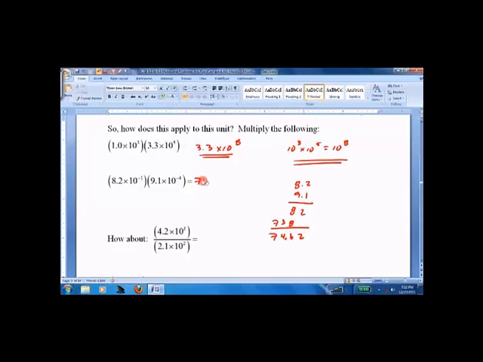So that's 74.62 times 10, add them to the negative 5th. Now, the decimal's not in the right spot, so we have to go to the left one. 7.462. And if we're going left, you have to add 1 to this, which means it's actually to the negative 4th.